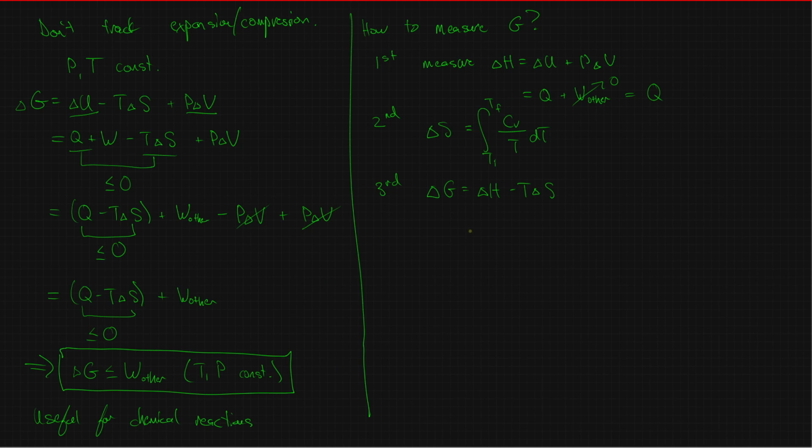Oh yeah, so little comment here. You might ask, what is the absolute value of F or G, right? Here we're talking about changes and whatnot, but how do you actually calculate what it is at a certain point?